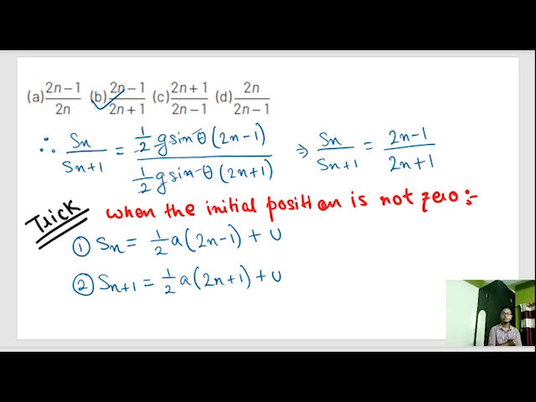In v equals u plus at, the initial time was 0. In s equals ut plus half at square, the initial time was 0 and the initial displacement, or initial position, was 0. Similarly for v square equals u square plus 2as. Okay, so let's wrap up here.